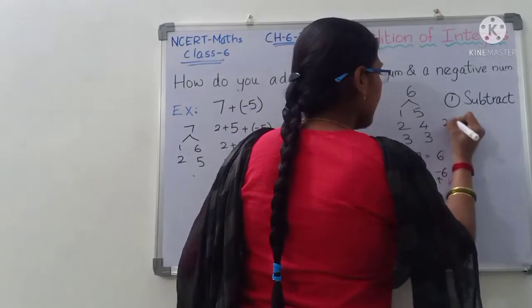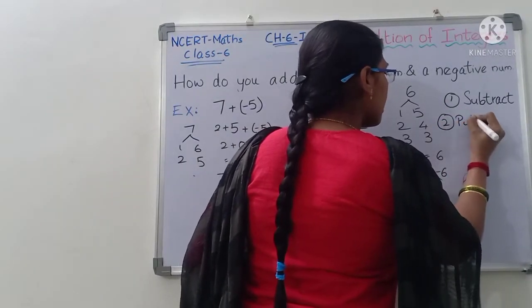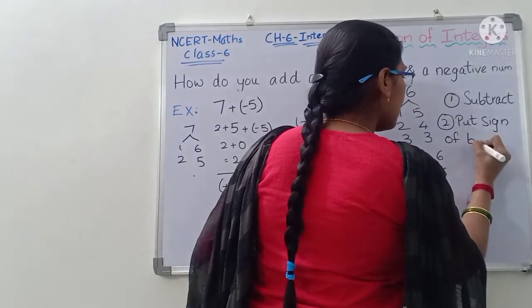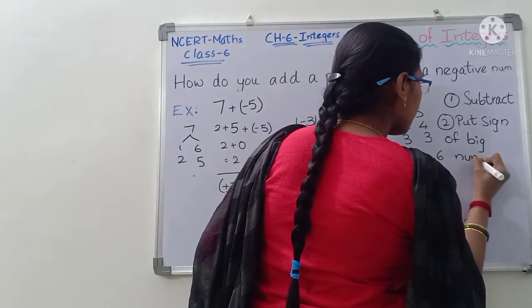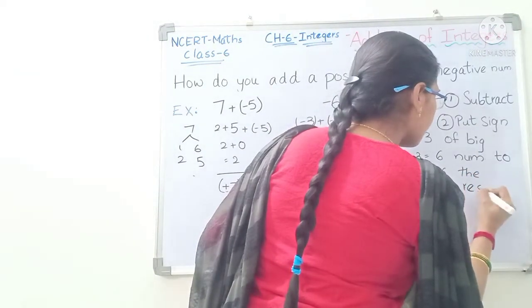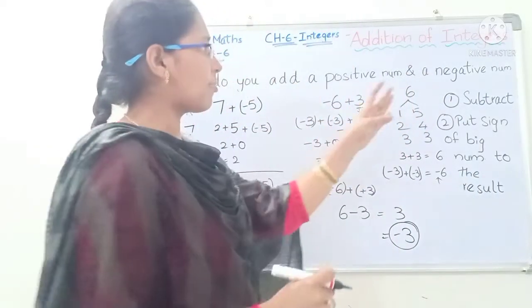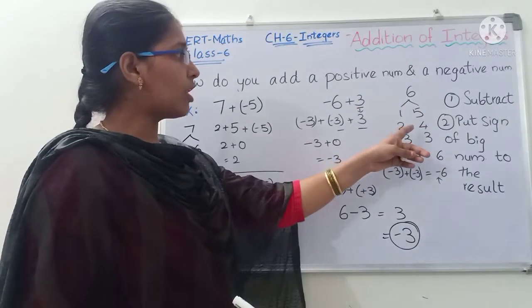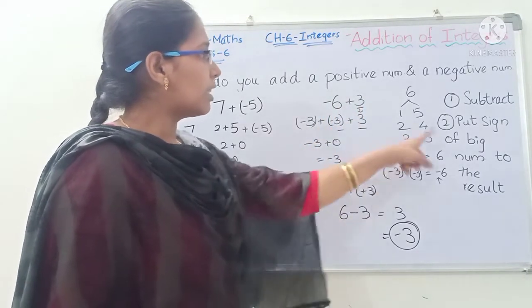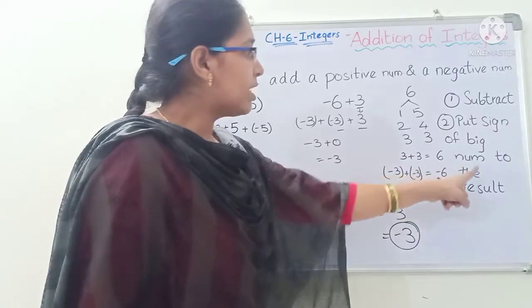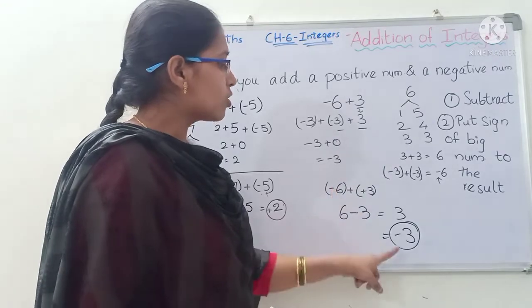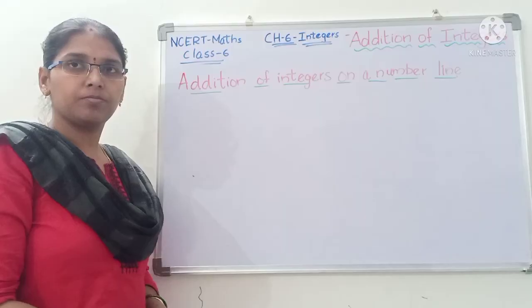In the second step, put the sign of the big number to the result. 6 minus 3, and then put the sign of the big number to the result. Here the big number is 6, so the sign of 6 is negative, so the result will be minus 3.